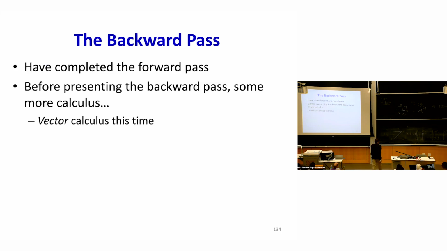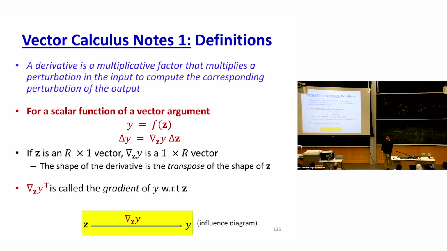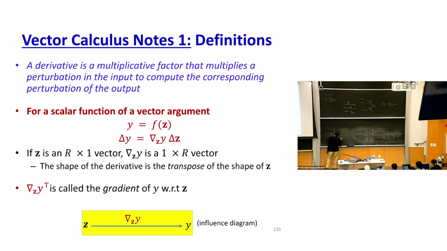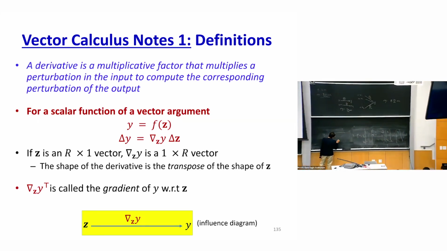So before I present the backward pass, I'm going to give you some ideas of vector calculus. And for vector calculus, we go back and remember something. It's very simple. The rules for vector calculus are exactly the same as those for scalar calculus, in the sense that if I have y equals f of z, then delta y equals the derivative of y with respect to z times delta z.